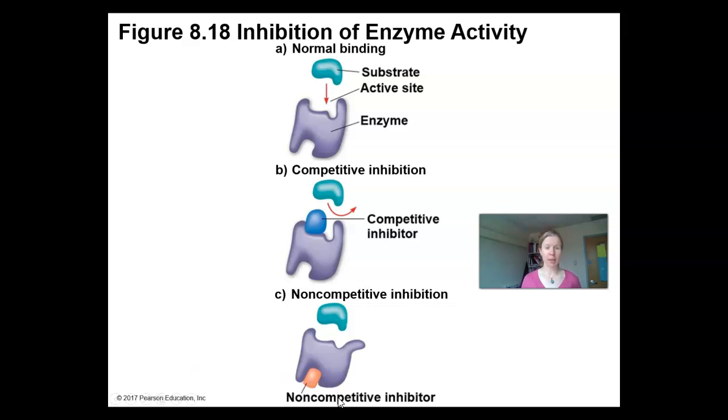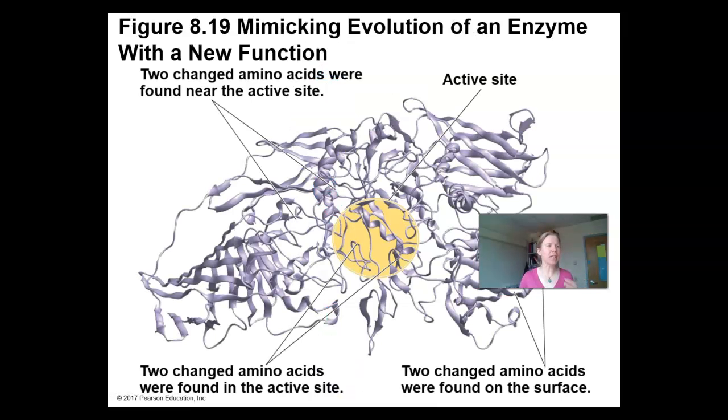You can also have non-competitive inhibitors, where we have a different molecule binding on a totally different side of the enzyme. It's not blocking the active site, but notice it does change the shape of the active site, because these are just proteins. Anytime you add something new to a protein, the whole protein can change shape.